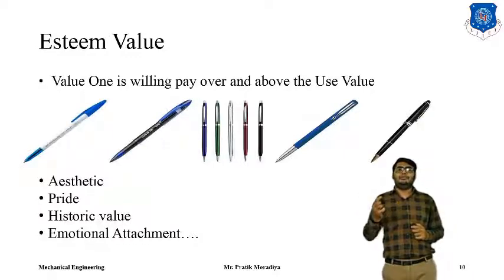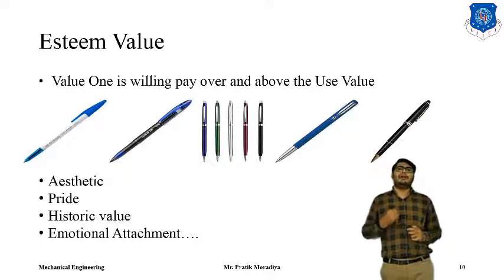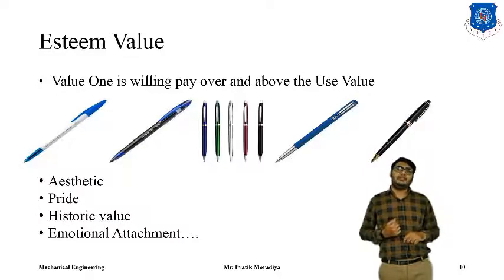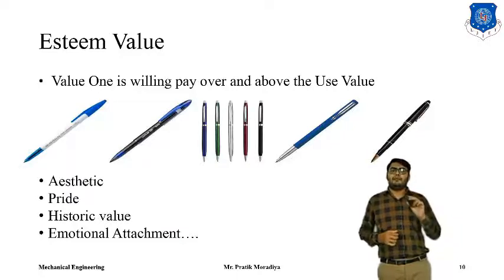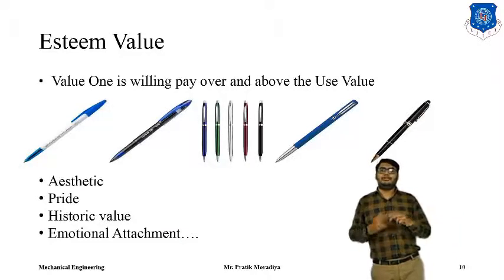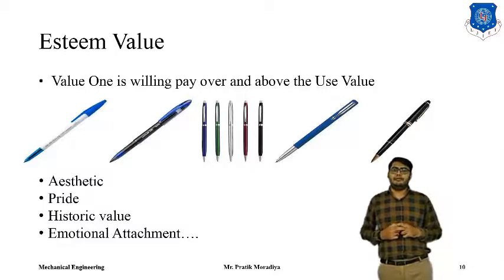So the person who is holding this pen feels pride in it. If you have manufactured a pen out of gold, then whoever buys the pen does not just buy it to sign documents or to write an exam. They buy the pen to show off. That is the pride associated with that value.